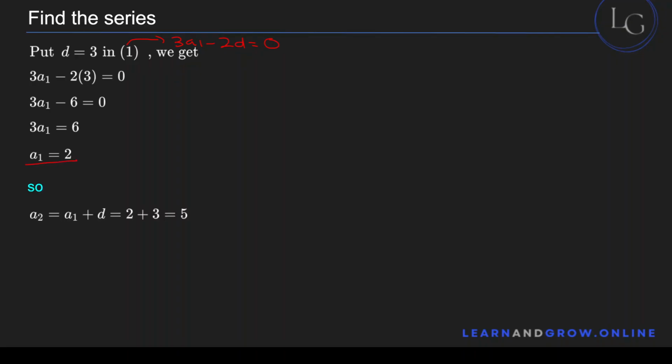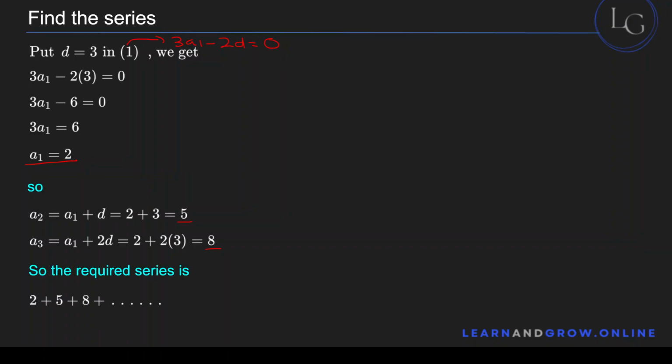Now, you find the second term, a2, which is a1 plus d, and that gives you 5. The third term is a1 plus 2d, and that will give you 8. So now you have the first 3 terms of this series. And so the required series is 2 plus 5 plus 8 plus dot dot dot. Now this is the answer.